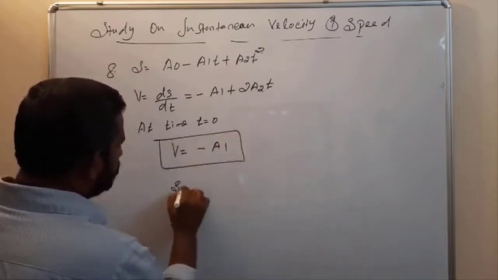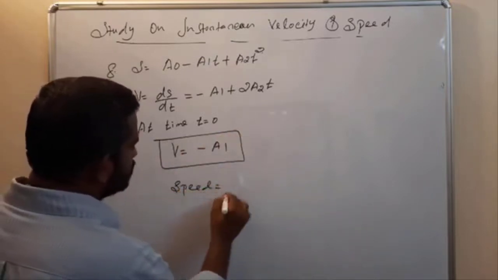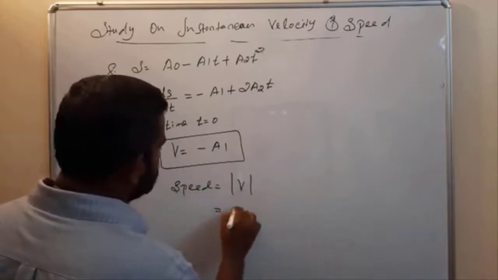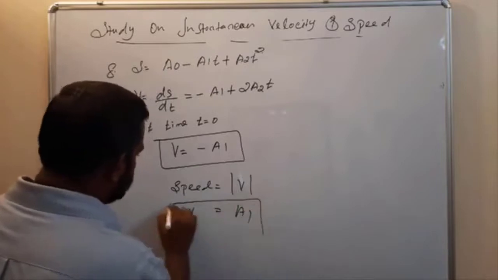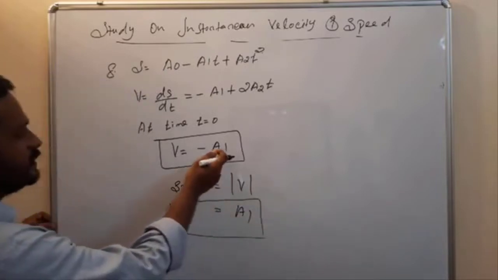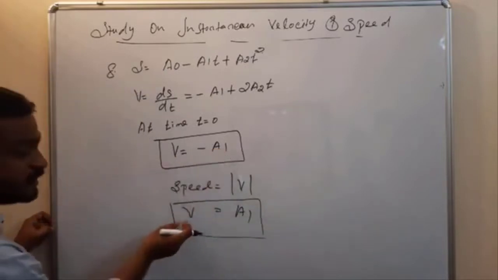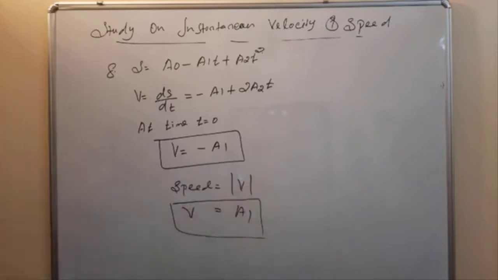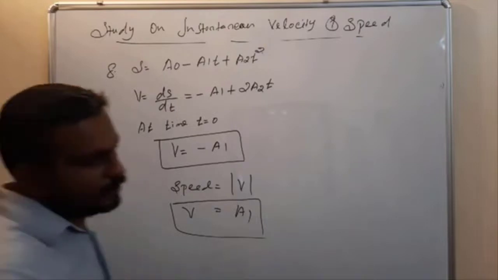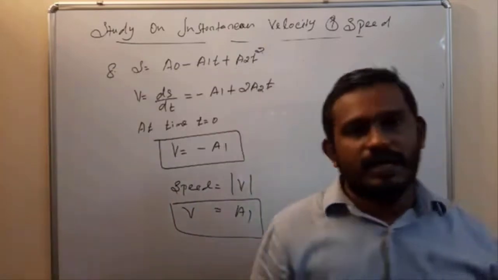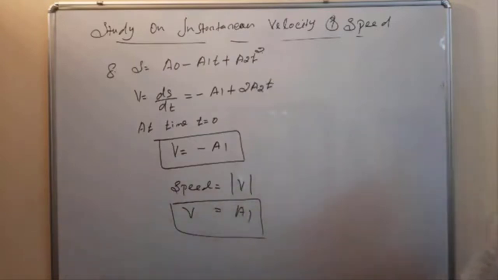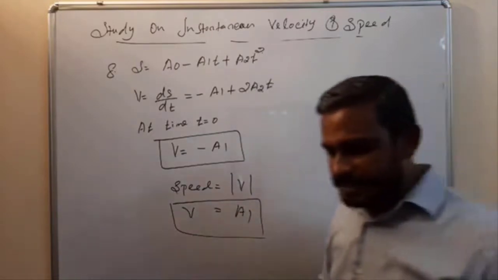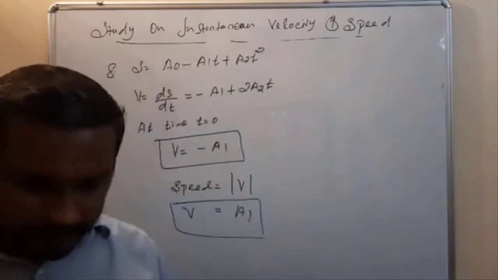But the speed is equal to mod v, so that is equal to a1. So the velocity is negative, but the speed is positive. So these are the points regarding instantaneous velocity and instantaneous speed.